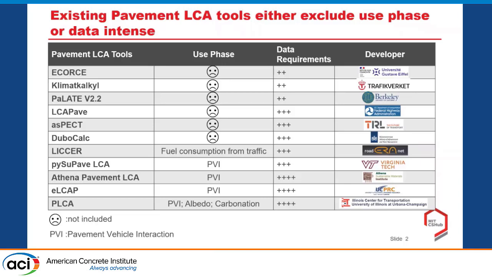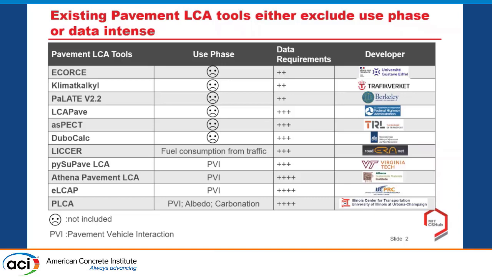And at the bottom, you can see many tools that include the PVI, the pavement vehicle interactions, in the use phase. These tools definitely need more data because they want to analyze the PVI impact on the pavement life cycle, especially in the use phase. They have to evaluate the maintenance and rehabilitation effect.